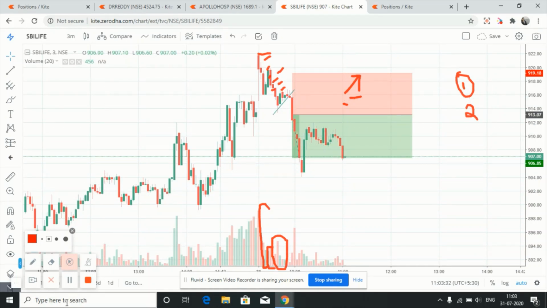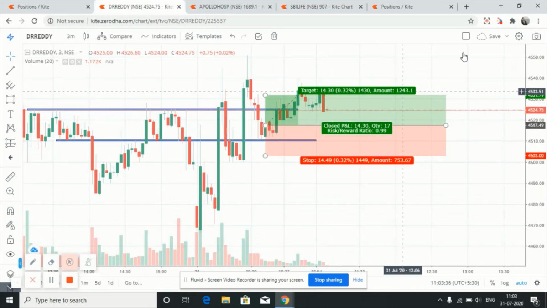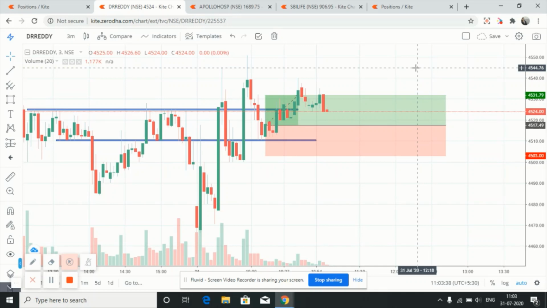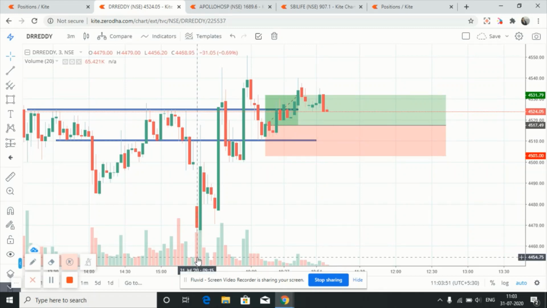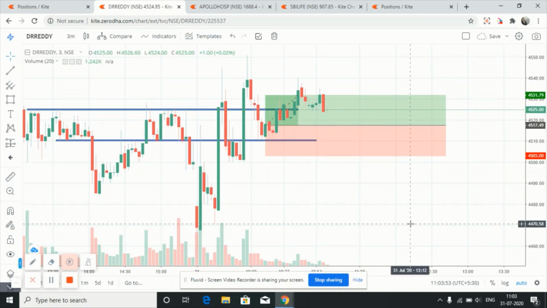Now coming to our second stock, Dr. Reddy's. Yesterday everyone knew that Dr. Reddy's was on the 52-week breakout. Today I was just tracking the stock from morning, without thinking of buying or selling. Again, we tried this stock based only on volume confirmation.